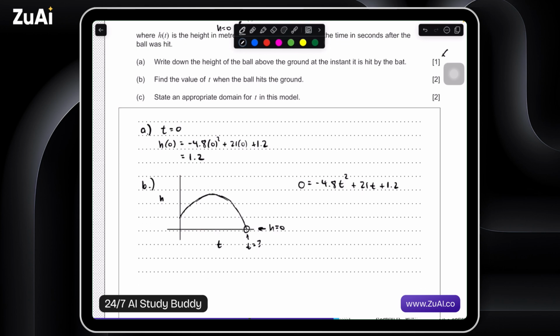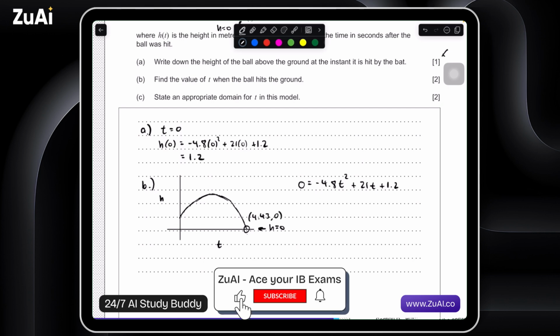Okay, so we know at this point right here, we have 4.43 and 0, and so t is equal to 4.43.